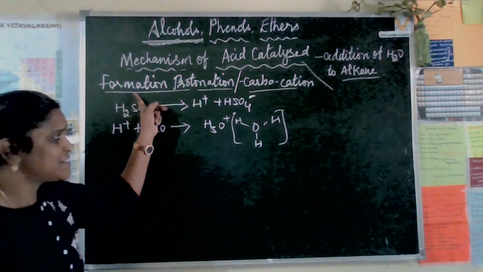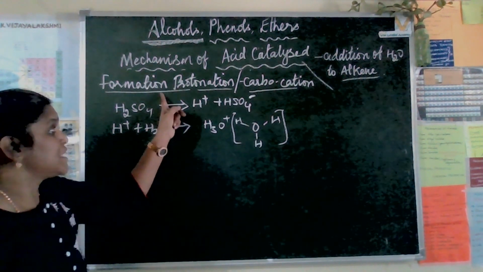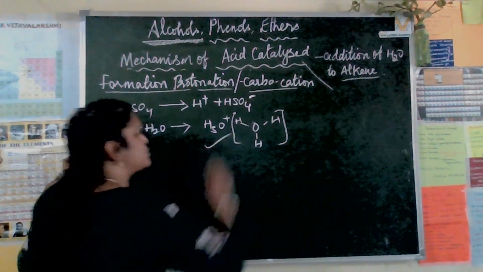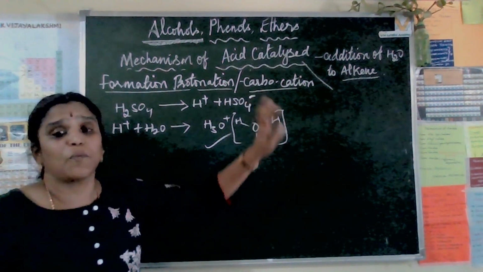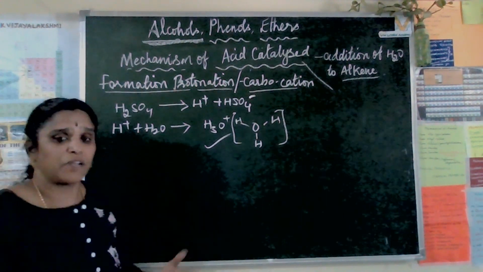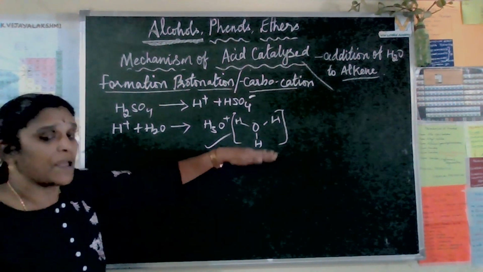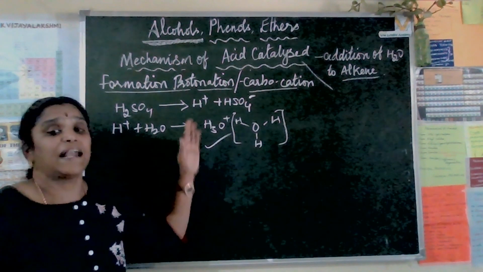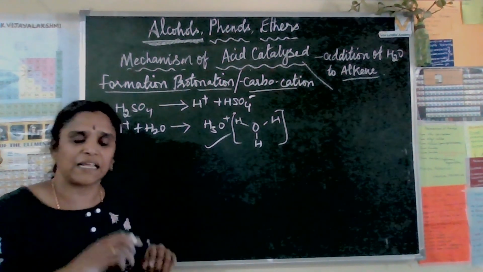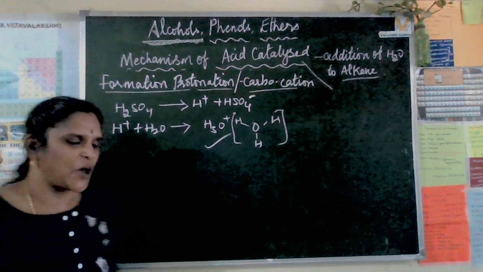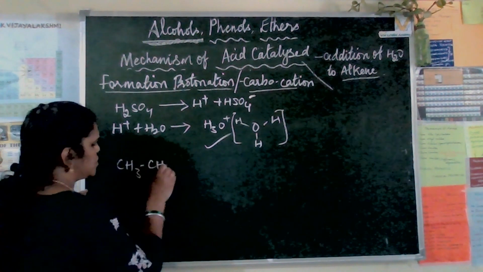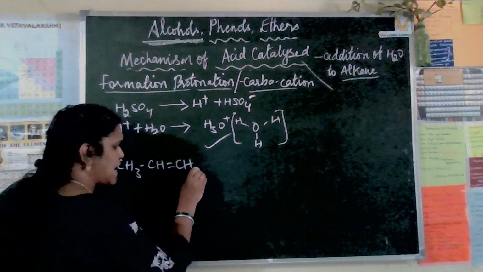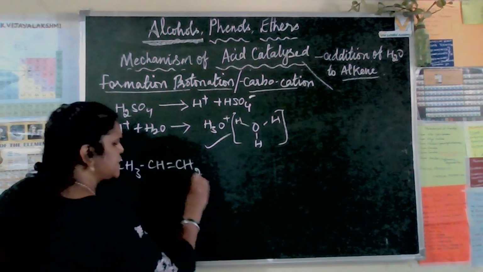Yes, in the first step, two things are there. First thing, it is protonation, addition of proton, and formation of carbocation. So how to form the carbocation? This hydronium ion acts as an electrophile and attacks the double bond of the alkene. Now CH3 CH double bond CH2, this is the alkene.